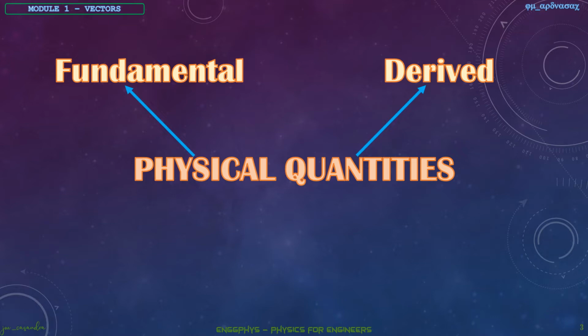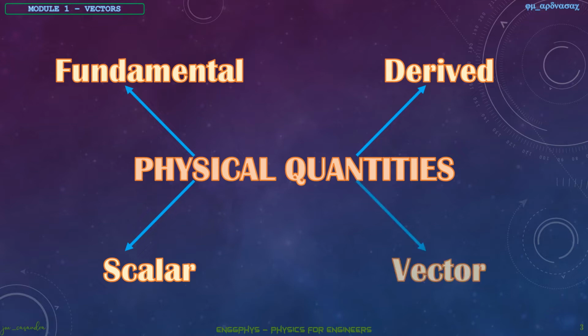Aside from classifying physical quantities based on the terms we use to define them, we also classify them based on their definition: scalar quantities and vector quantities.